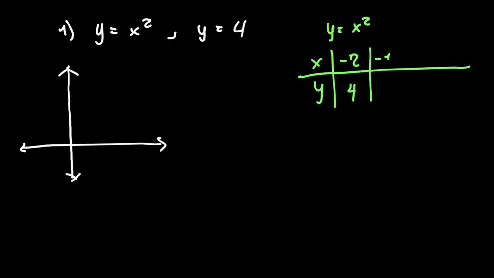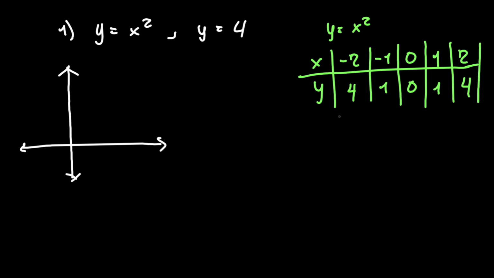If x here is -1, -1 squared is simply 1. If x is 0, 0 squared is 0. And so if x is +1, y would also be +1. And if x is 2, y also would be +4. And so we can plot this first. So something like that.